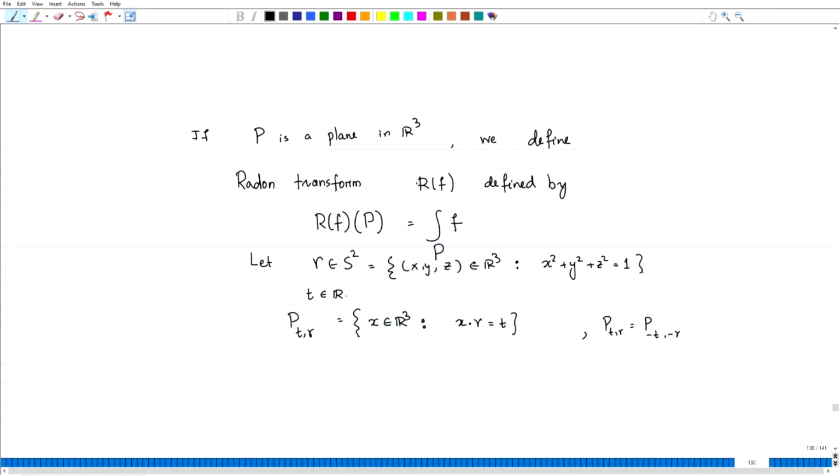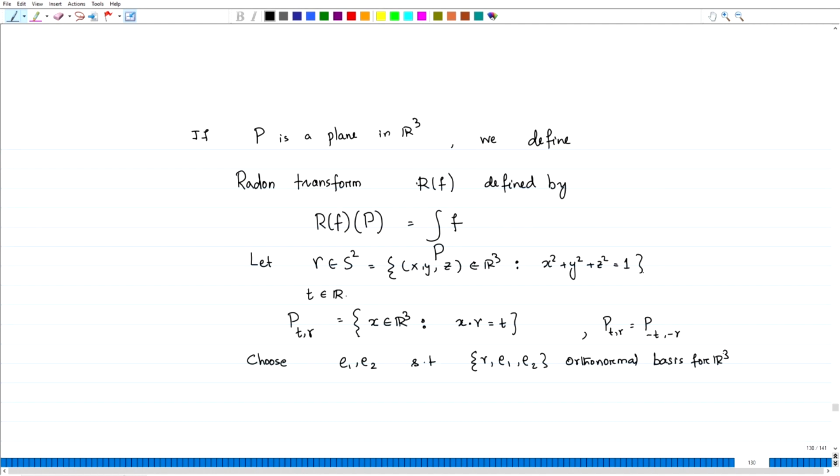Now, how does one write down an element, a point, in this plane? Choose e1 and e2 such that gamma, e1 and e2 form an orthonormal basis for R^3.